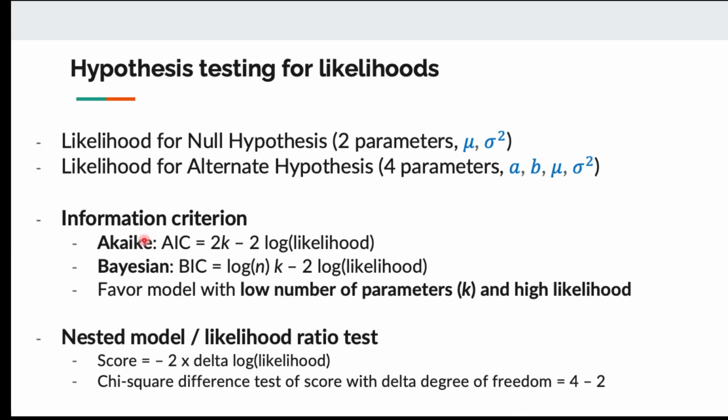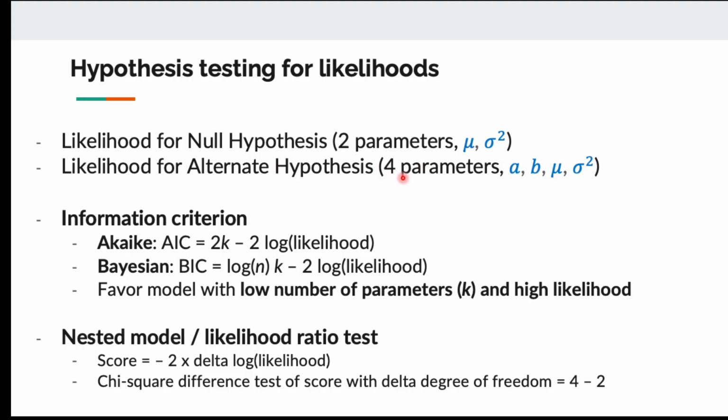With information criterion, these are statistical ideas that if you want to reject the simpler null hypothesis model, you want to be able to show that the more complex model, like the alternative hypothesis, increases the likelihood a lot. That's the first criterion. We want the alternative hypothesis to fit the data much better.